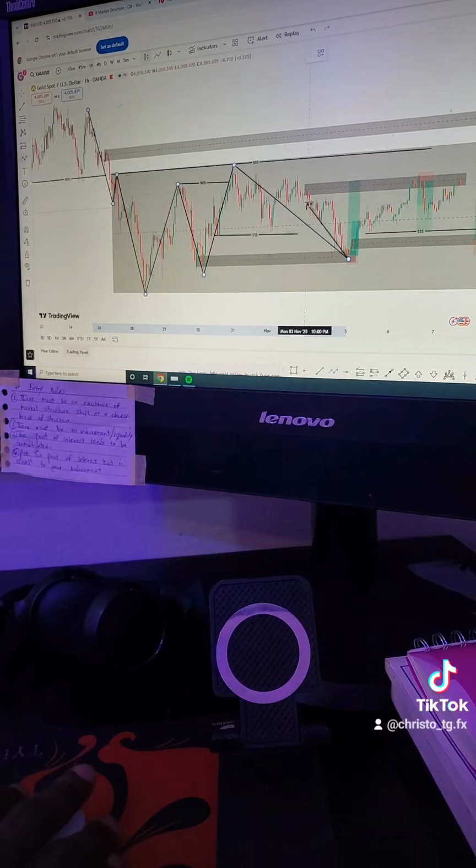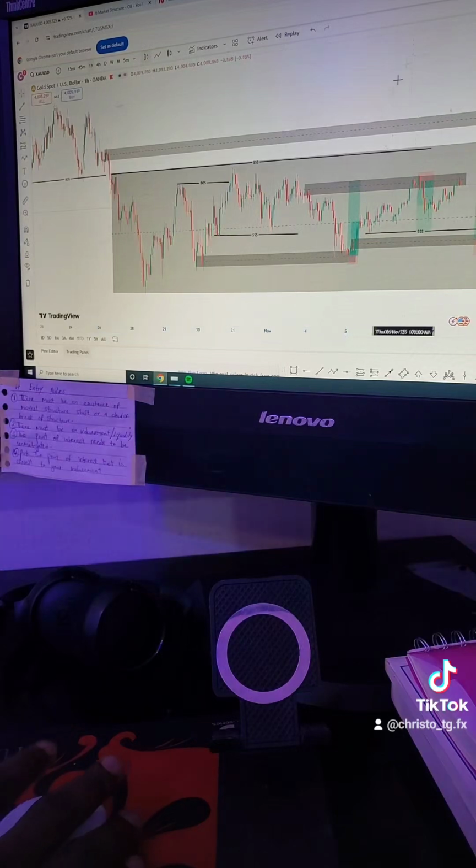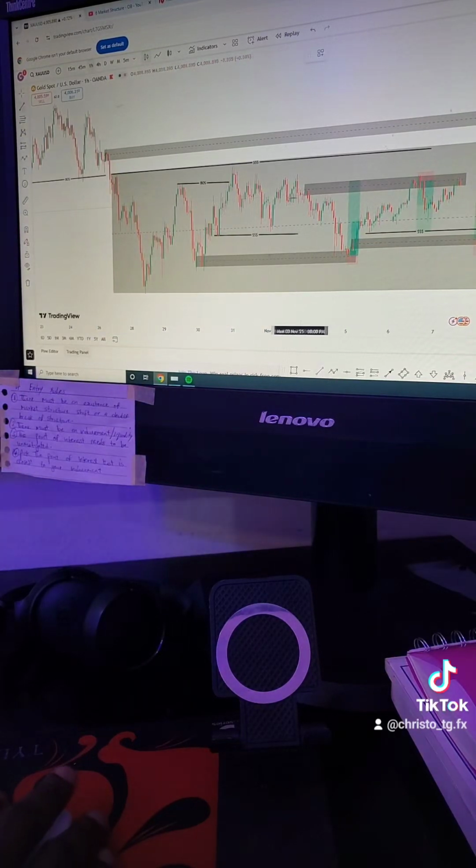Then if you look deeply on the lower time frame, you see a break of structure, a change of character here, change of character from this uptrend that was happening here. We have this high, low, lower high, break, inducement, market tapping into this your buy.